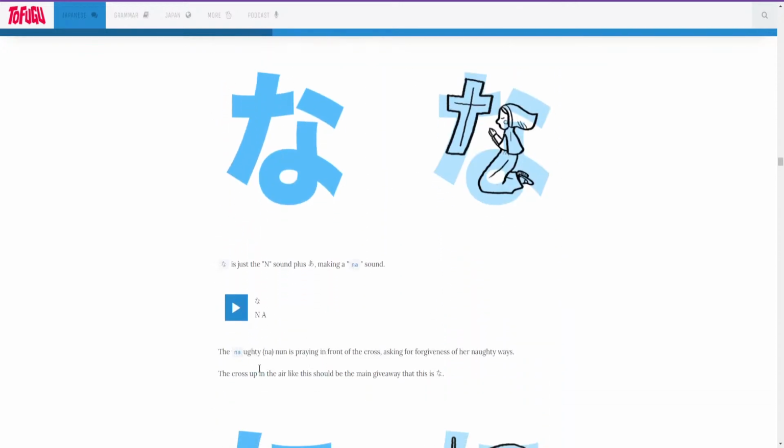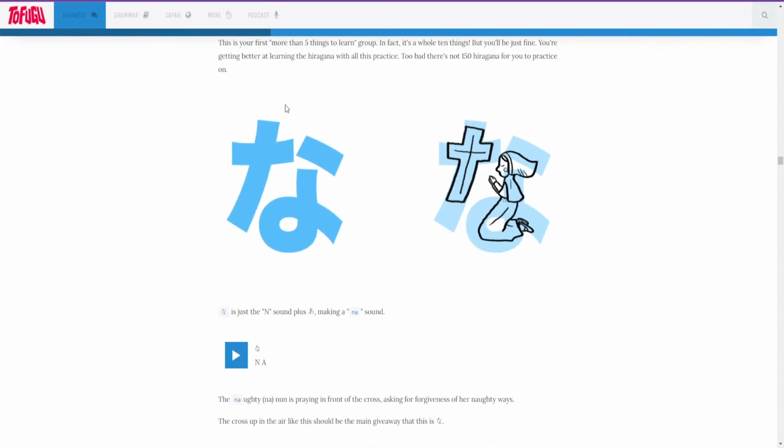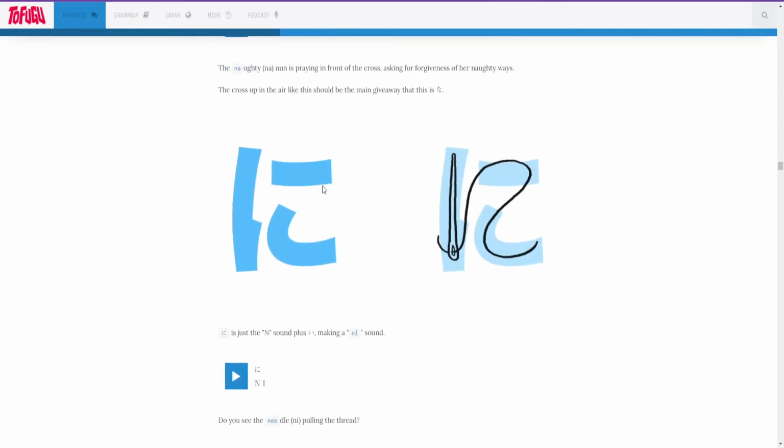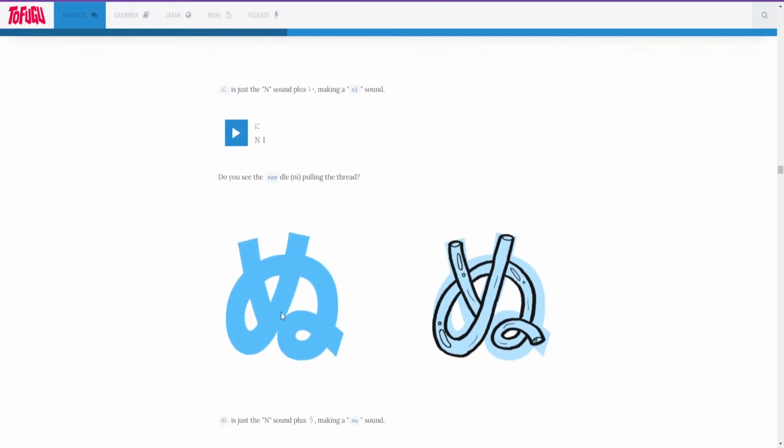And then now we just learned the na column. So we have na, which looks like a naughty nun. You can see her here praying. Next up we have ni, needle pulling thread, ni. You can see the needle here with the thread.